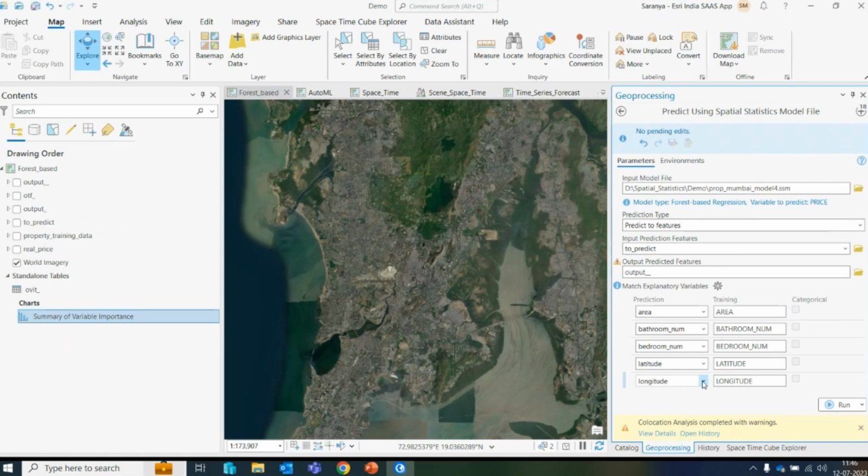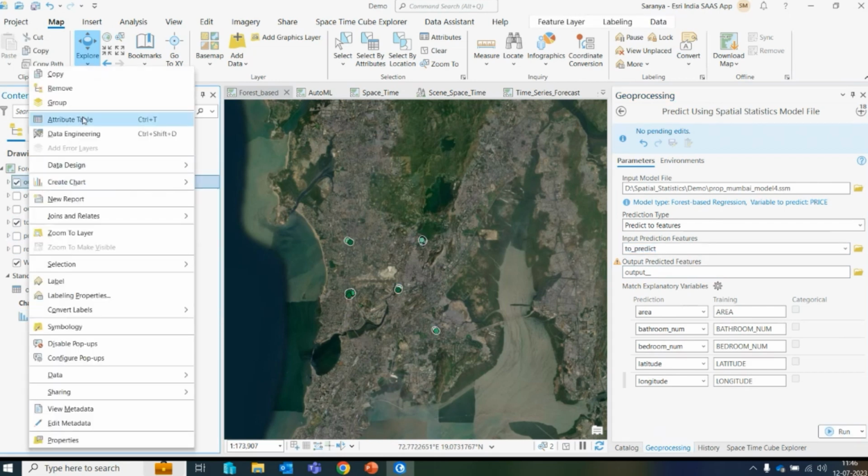If there are any changes, you can always use the drop down to match the fields. Here we have used the training data, and I need to predict what the prices could be in this layer. My input features will be this to-predict layer, and the output is here. When you run this tool, this is the output I get.